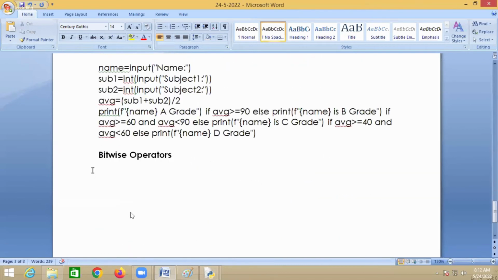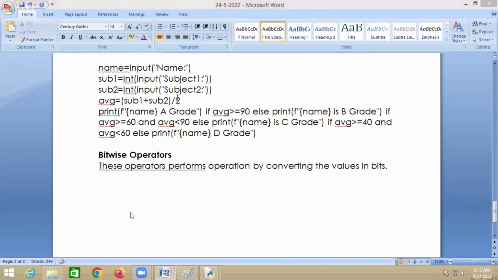Bitwise operators. These operators perform operations by converting the values into what here? Bits.